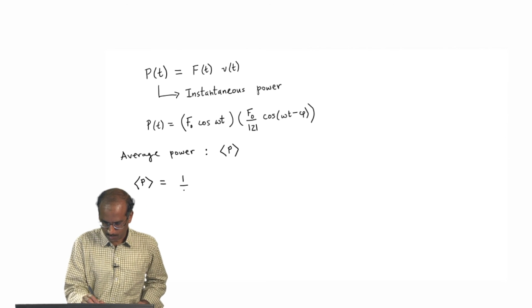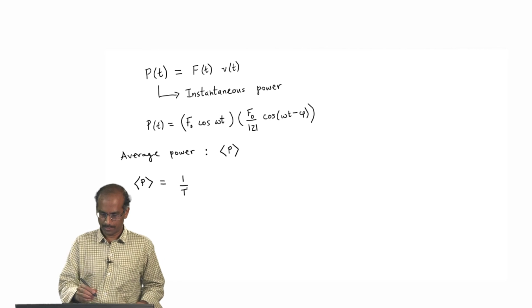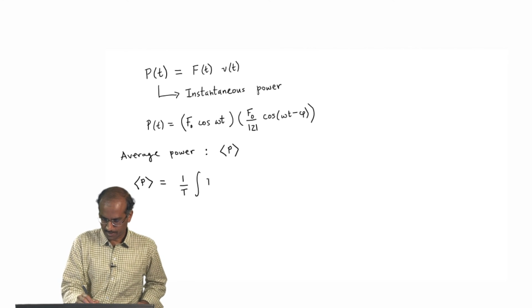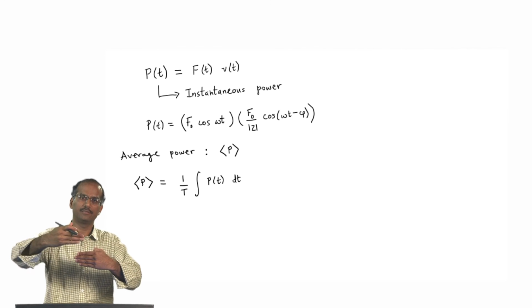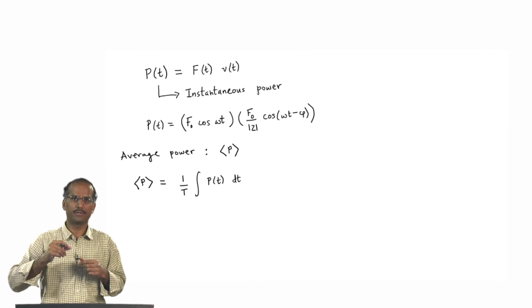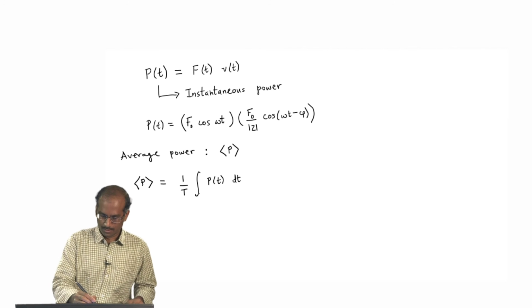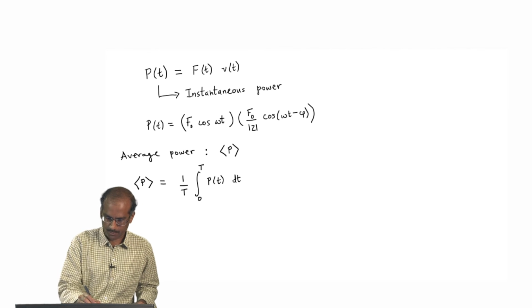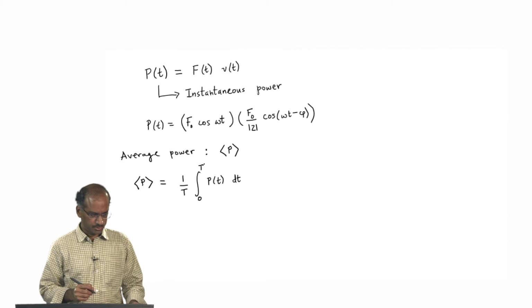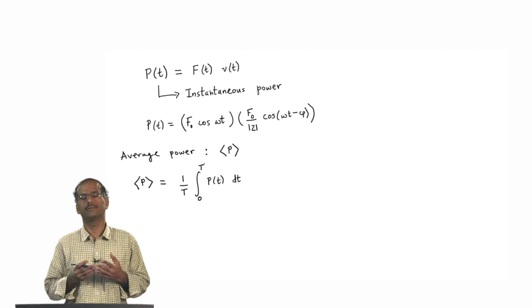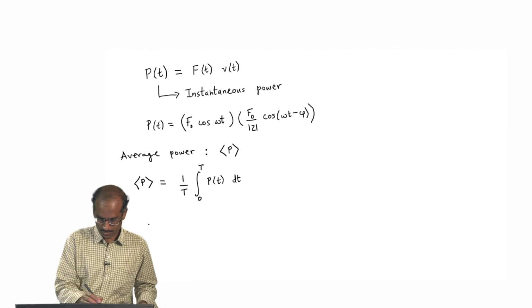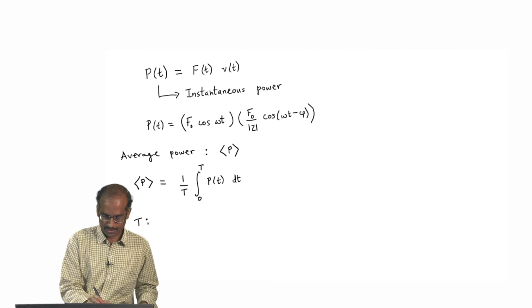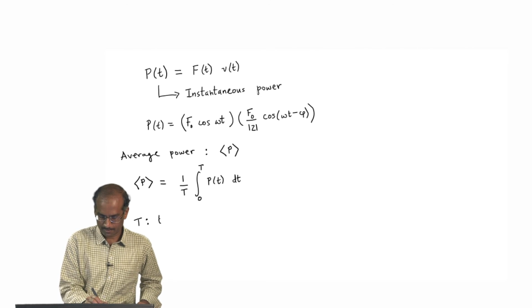So, it would be 1 divided by the time period, and you integrate this quantity p of t. So, you have these small chunks of time, and you add the power supplied at every infinitesimal time difference over the whole time period, going from 0 to T. This would be my average power, and of course, it goes without saying that the quantity T is the time period of oscillation.